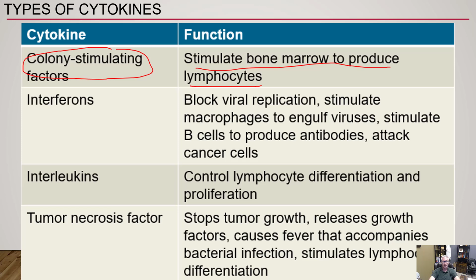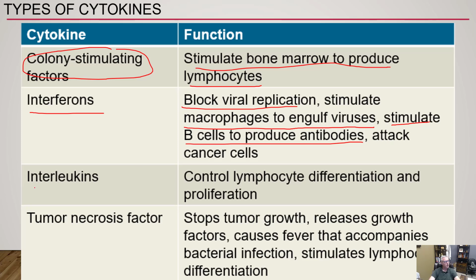Colony stimulating factors also activate macrophages. We also have interferons. Interferons are going to block viral replication, help macrophages to engulf those viruses. They're going to stimulate the B cells to produce antibodies.